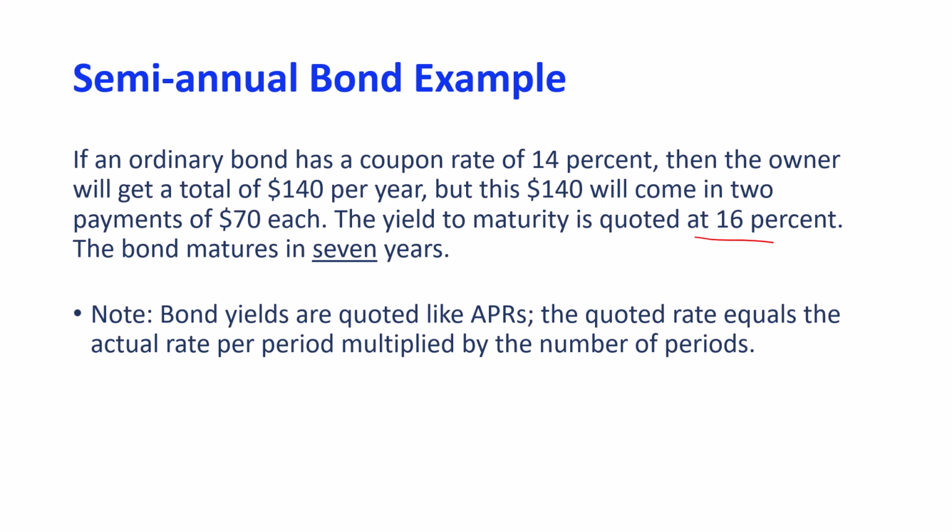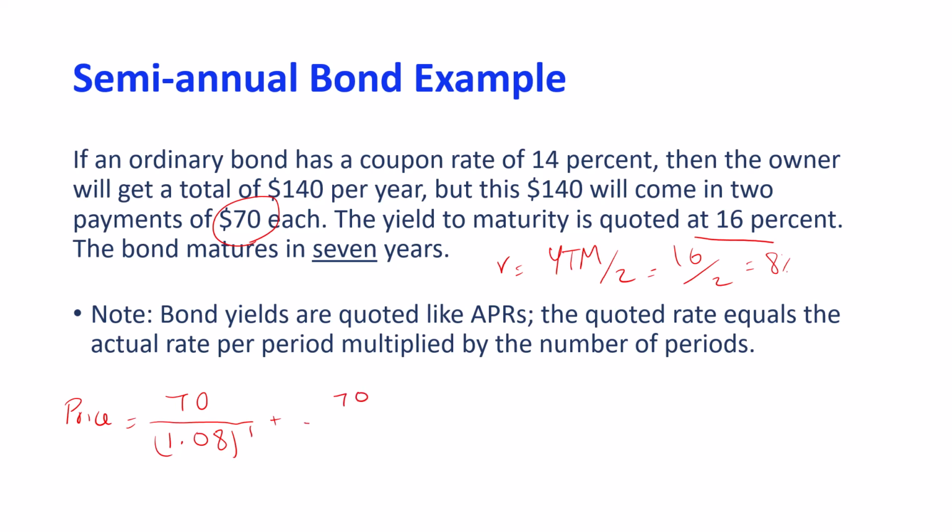So your price in this case would be the present value of the coupons, which are $70 every 6 months. So $70 over your discount rate, which is your yield to maturity divided by 2. So 16 over 2, 8%. So you will do 1.08 to the power of 1. And this is for the first 6 months.